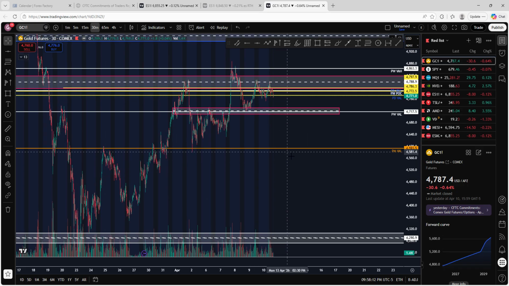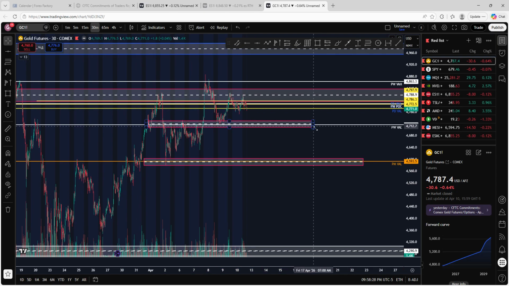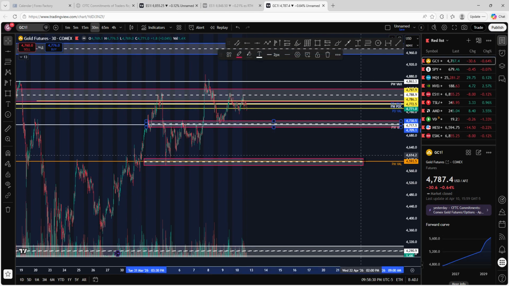Previous month value area low sitting here. You definitely want to pay attention to this. I would look to take a long in this area on gold. These are the three areas where I'm most interested on gold.